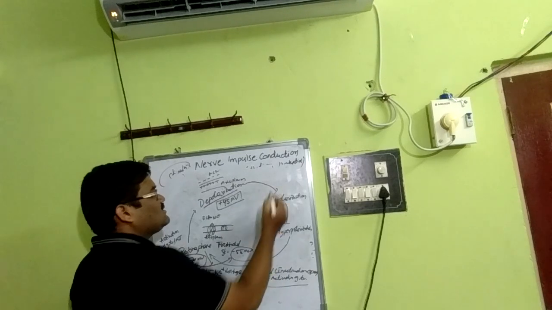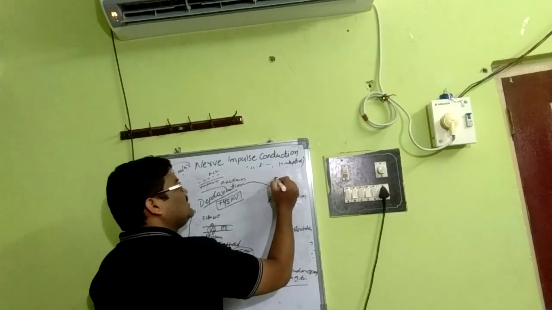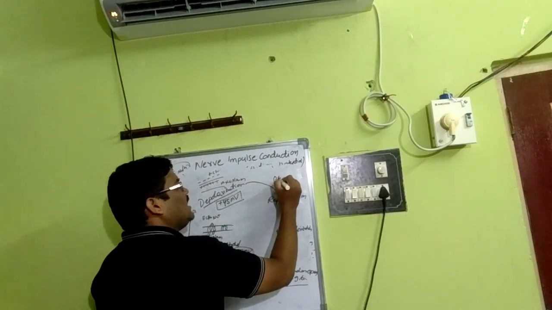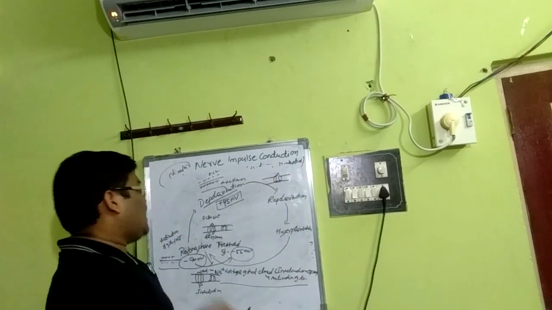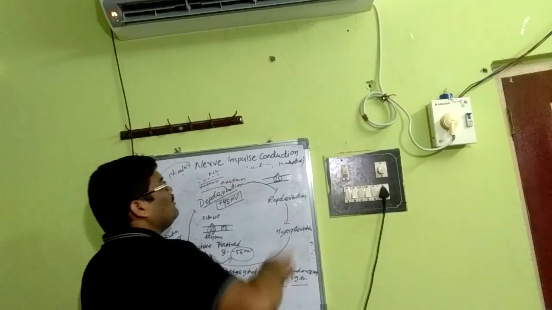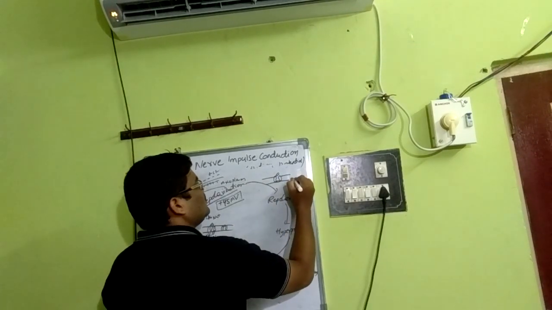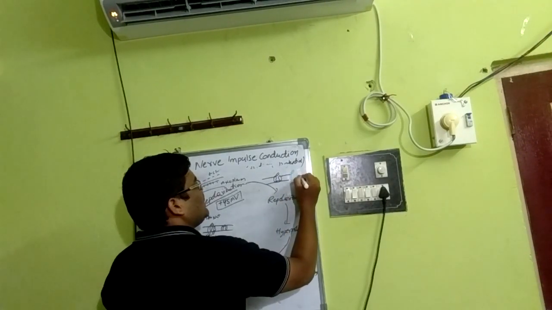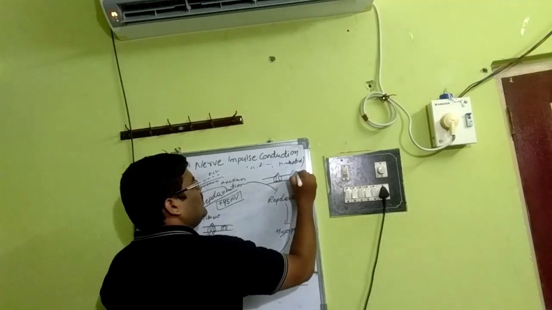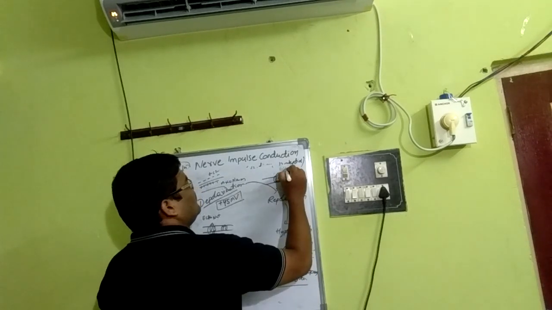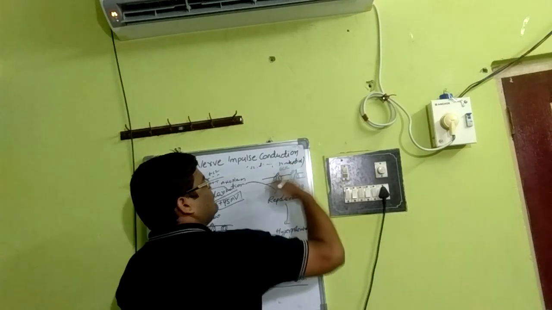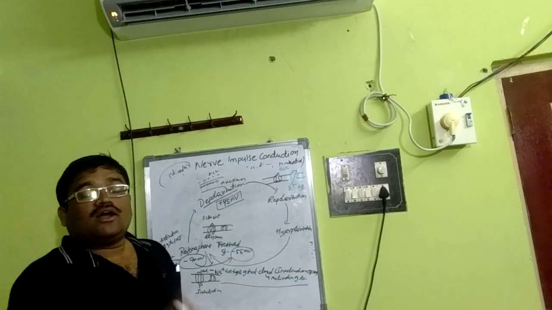There is one more gate we have discussed, the potassium gated channels. During this, the sodium gated channel, that means the activation gate remains open, but the inactivation gate got closed. Whereas the potassium gated channel remains open during repolarization. Therefore, the potassium from the exoplasm got effluxed outside.